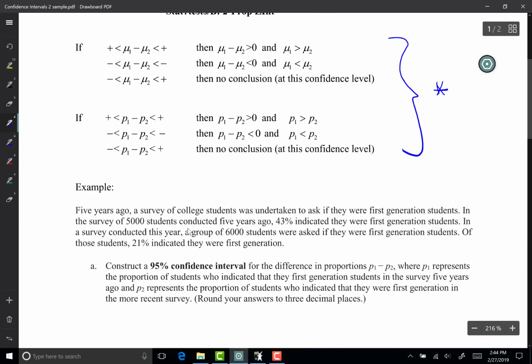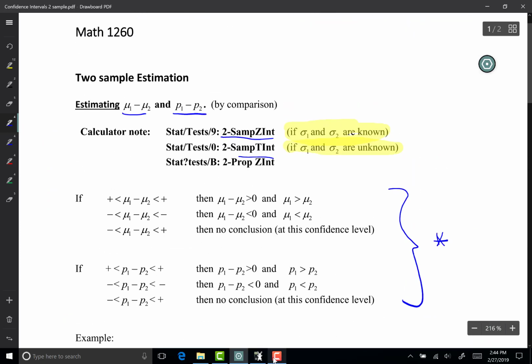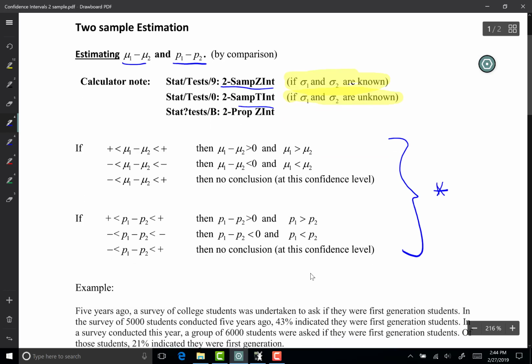If we go back up to this interpretation here, if both of these answers are positive, which is what we just had, then mu1 is larger than mu2. If both of these answers are negative, then mu1 is smaller than mu2.